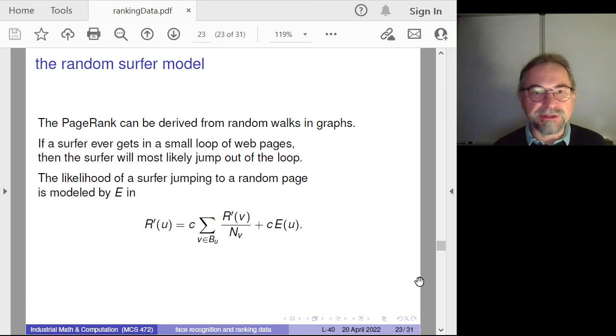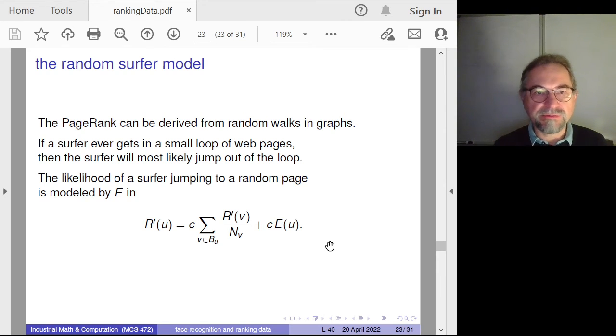So there is another interpretation for this correction term, and it can be interpreted by the likelihood that when you're surfing the web and you notice that you are in a loop, there is this likelihood that you will jump out, that is with this model by this E. So with the random surfer model, we will be able to give a better interpretation for this formula here.